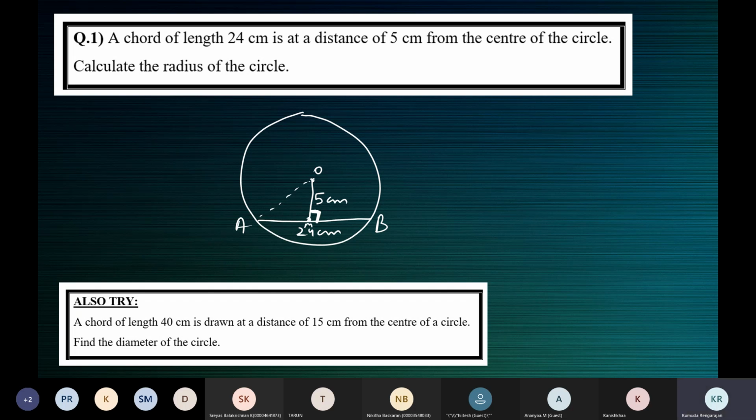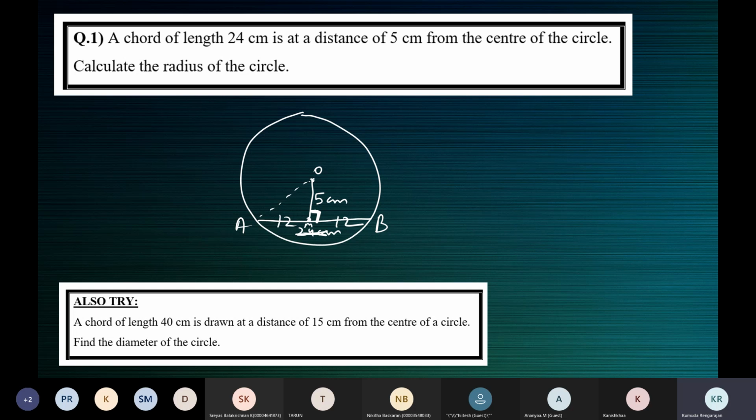Any one of the two. If you join OA, we need to know the remaining two sides of the right triangle. OM is 5 centimeters. And we know that a perpendicular from the center to the chord bisects the chord. So 24 will become 12 here and 12 here, because OM is perpendicular to AB.